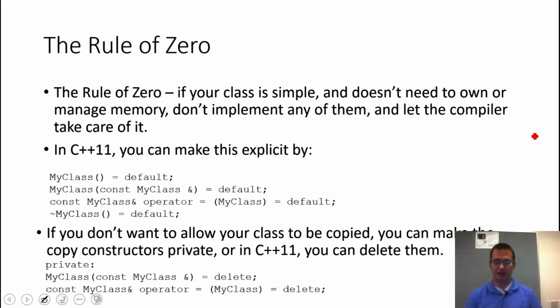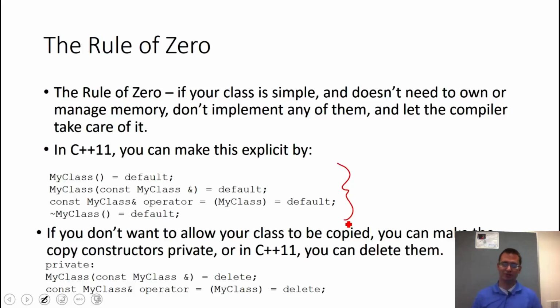And in C++11, you are allowed to make this explicit by actually declaring them as default. It tells the compiler, I want you to handle this. This is generally recommended because it makes your intentions clear. It's not that you just forgot it. It's that you said, I want the compiler to take care of this.